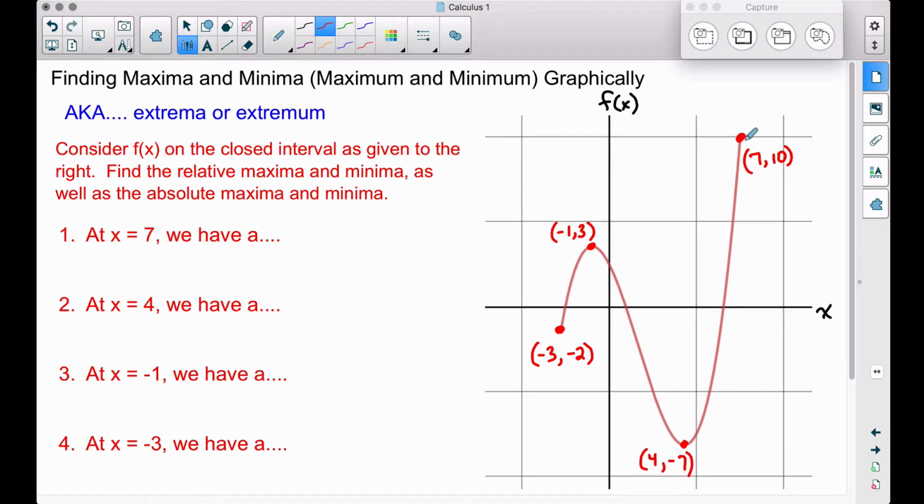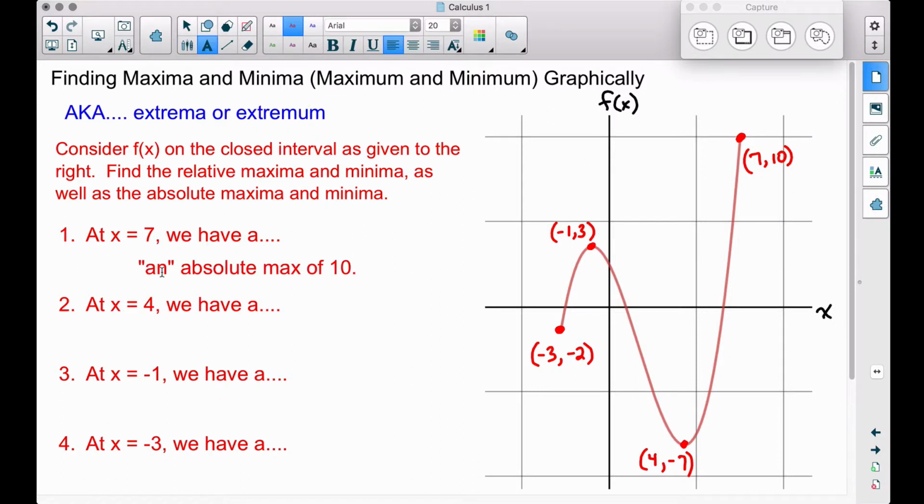Therefore, this is the absolute highest point, so we call it an absolute maximum. Note here, the answer to this question is we have an absolute max of 10. The maximum value, the highest y value we have on this curve, is 10.